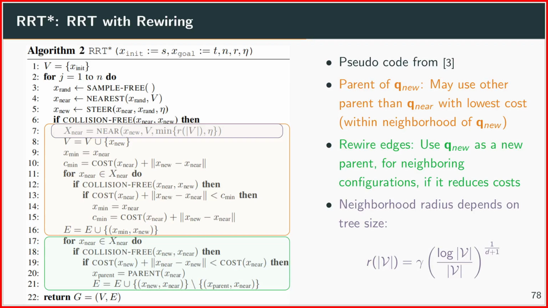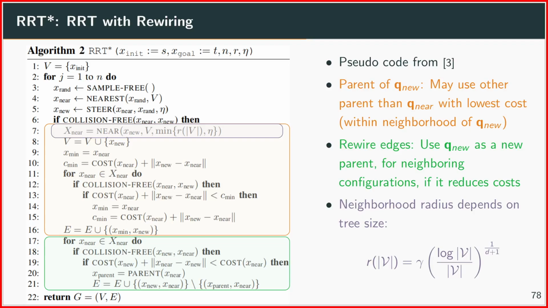And that is why there is a very complex formula to actually compute how many neighbors you want to consider in every iteration, so that you are not having too many and not too few. And the formula here is the one on the lower right corner, which is basically the neighborhood radius. And this one depends on your tree size and your dimension.